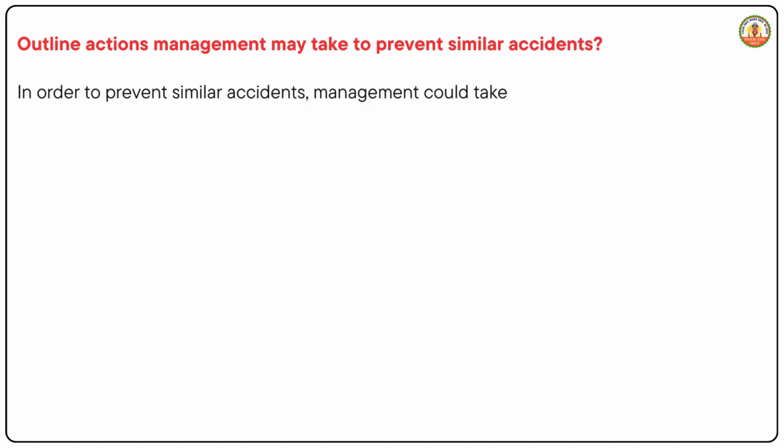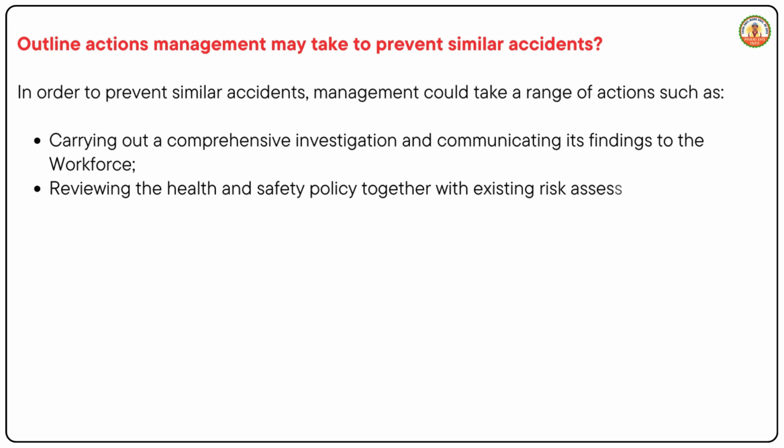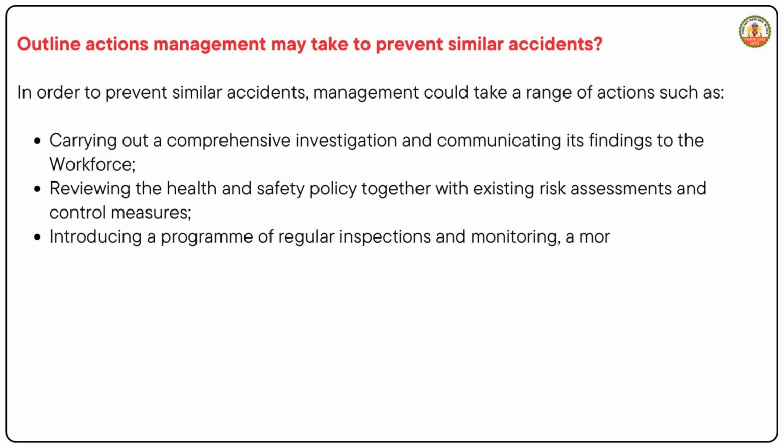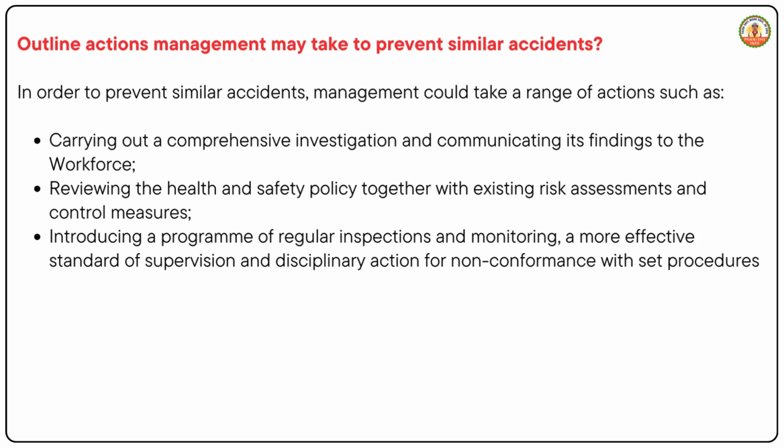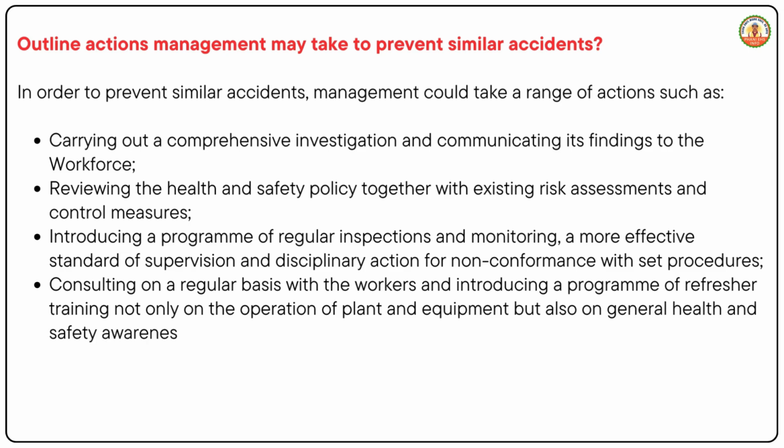Outline actions management may take to prevent similar accidents. In order to prevent similar accidents, management could take a range of actions such as carrying out a comprehensive investigation and communicating its findings to the workforce, reviewing the health and safety policy together with existing risk assessments and control measures, introducing a program of regular inspections and monitoring, a more effective standard of supervision and disciplinary action for non-conformance with set procedures, consulting on a regular basis with the workers and introducing a program of refresher training not only on the operation of plant and equipment but also on general health and safety awareness.